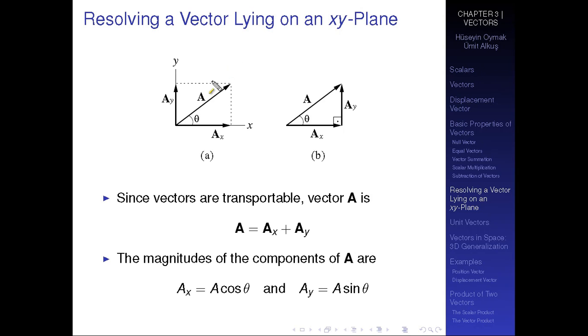Since a vector is transportable, we can slide the component AY of A to the right to obtain the right triangle in this figure. Remembering the discussions in the vector sum, this figure shows that vector A equals the vector sum of components AX plus AY.